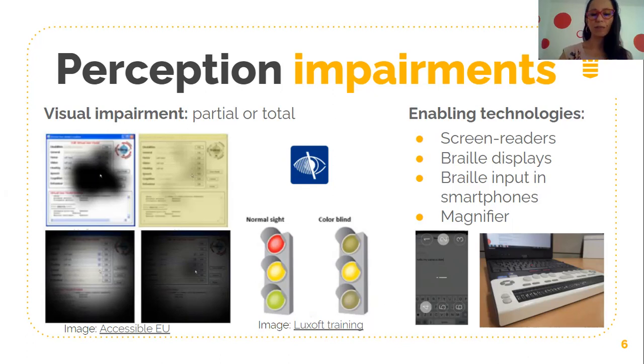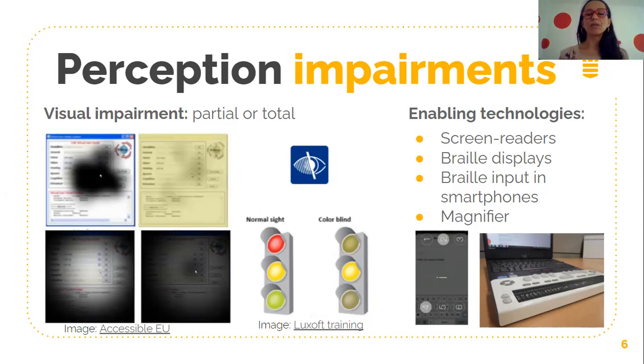Like in this example, there are two semaphores, the traffic lights. There is a comparison between how people with normal sight see the semaphores and how people with color blindness see them. And it's evident the difficulty is not the same distinguishing green from red as not distinguishing them, especially when you're driving.